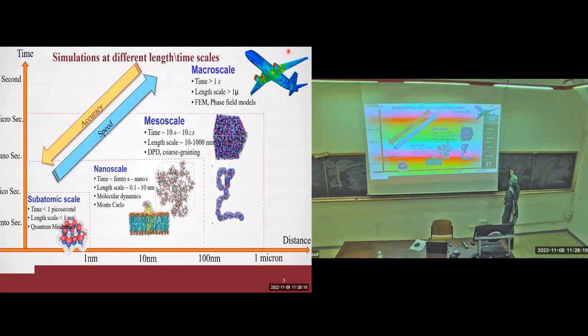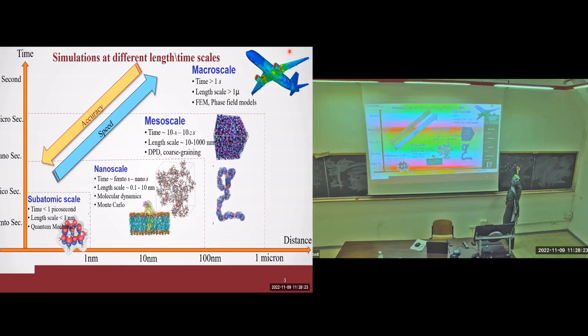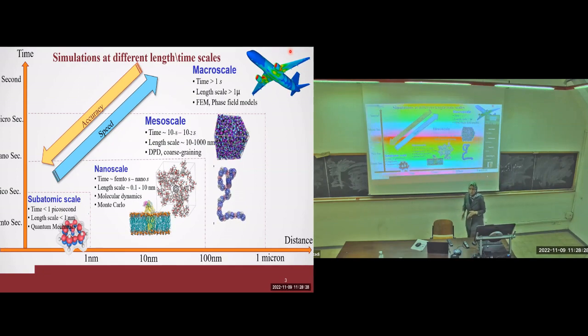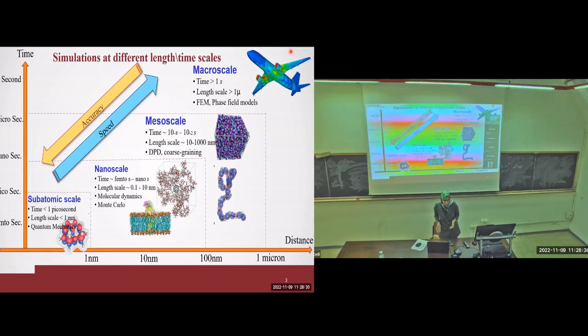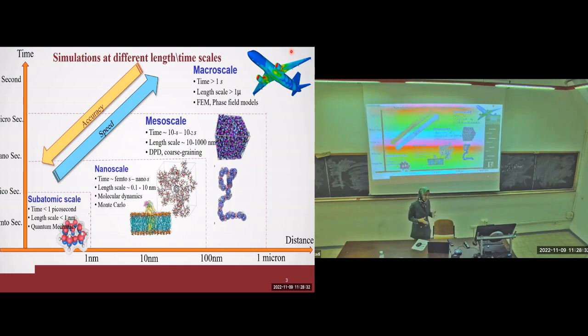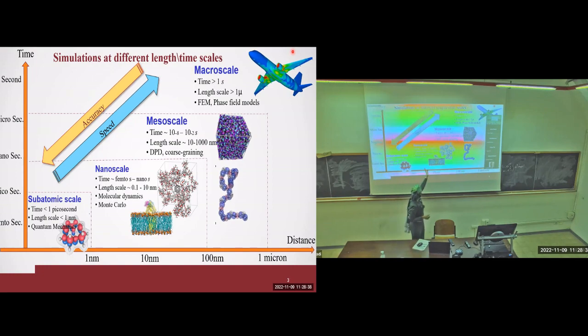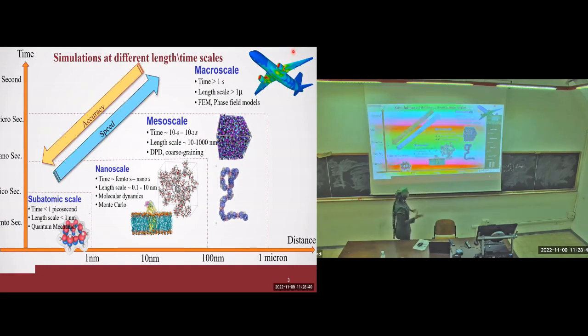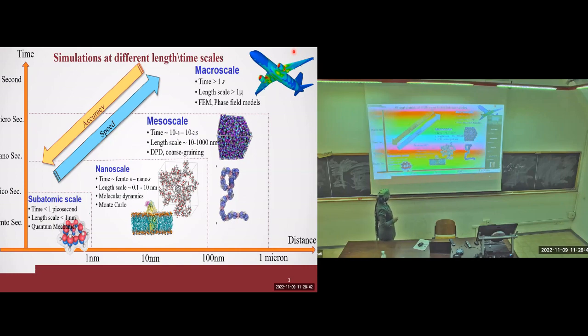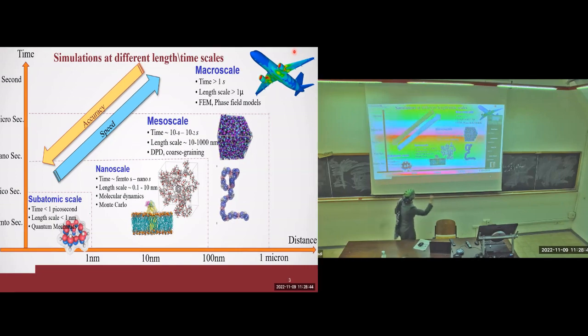So we have to have 10 to the power of 9 steps that we have to integrate, around sometimes 1 or several million atoms. So it is not really feasible, but there are some techniques called mesoscale, something like coarse graining, in which we use the data from the nanoscale and adapt it for higher scales.